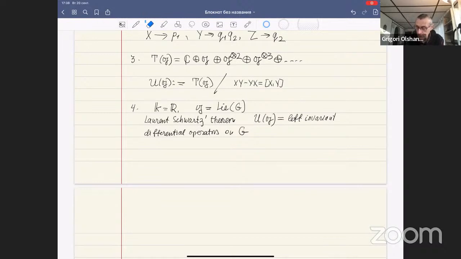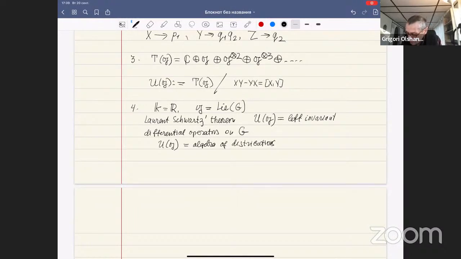There is another version of the same result, which is a bit different, but actually it is the same, which says the following. U(g) can also be realized as the algebra of distributions. Assume that we know what a distribution on a real manifold is, and the Lie group is a real manifold, so the notion makes sense.